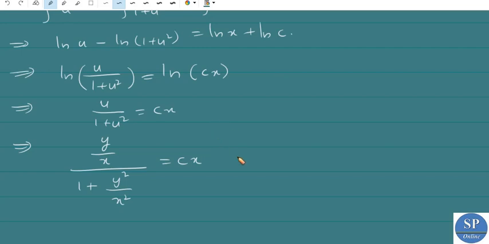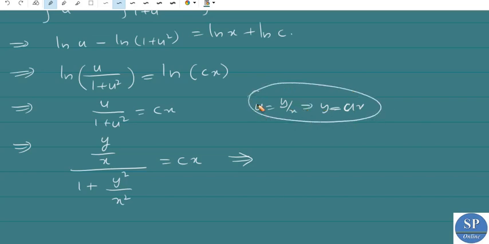Our substitution was u equal to y by x, or y equal to ux. Replacing this, we have y by x divided by x square plus y square divided by x square equal to some c into x.